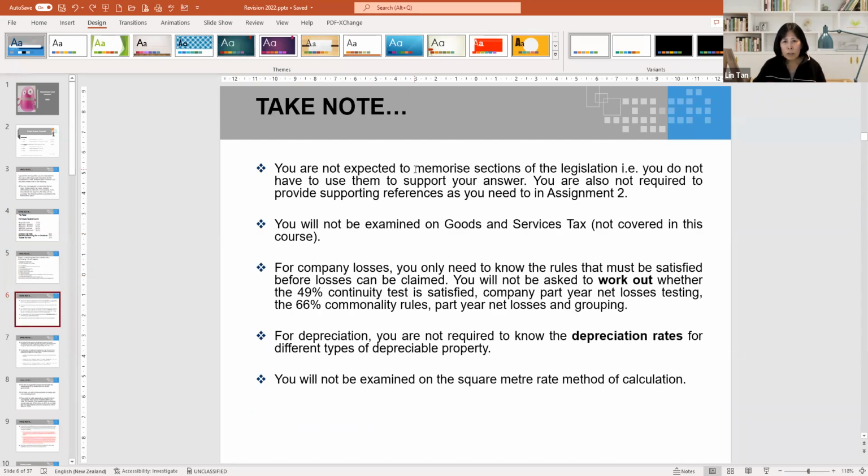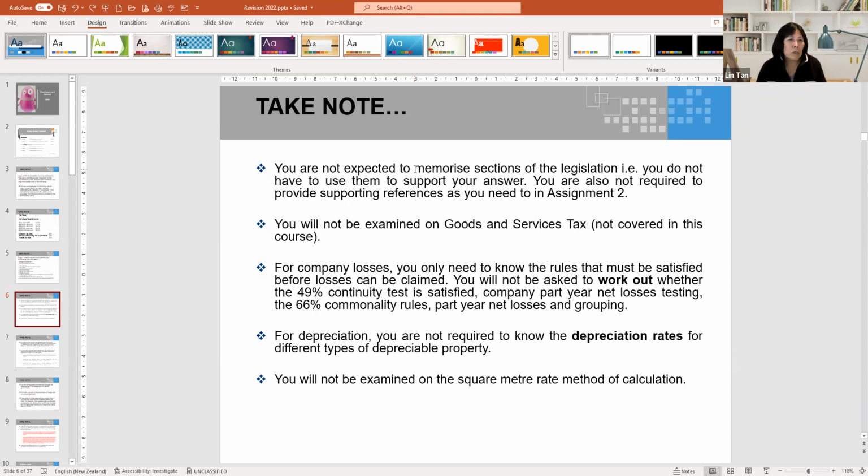Then the next one: many students ask me many times, even though I have said that you don't have to memorize sections of the act. So I will just repeat that. You don't have to memorize sections of the act. For exam purposes, it's quite different from how you attempt assignment 2. For assignment 2, you're expected to provide supporting references to support your answer, because it is open book and done at your own time.